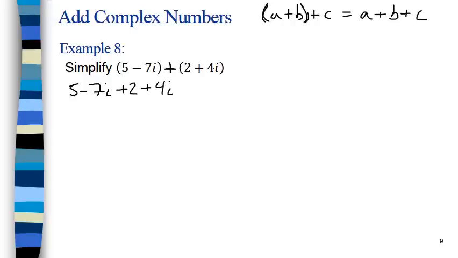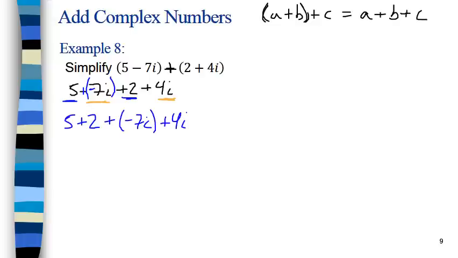Now, the commutative property tells us that as long as it's addition, so if we change this to a plus negative 7i, we can rewrite this so that we have the real parts together and the imaginary parts together. And so we can really write this as 5 plus 2 plus negative 7i plus 4i.